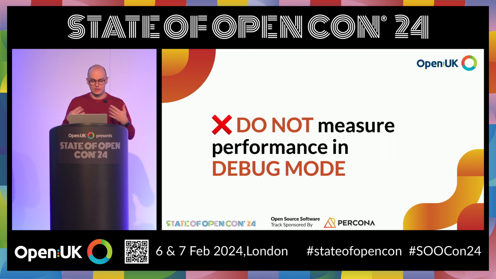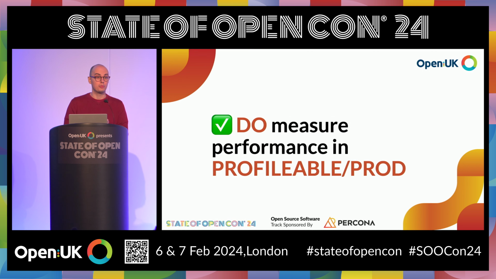In debug, they can add logs, etc. This is true for React Native, Flutter, for Jetpack Compose, and everything. I mean, every time you develop a mobile app, this is true in software in general. Do measure performance in profilable and production builds, because otherwise you might be fighting issues that your users will actually not be facing, or you need to fight what really has an actual impact for your users.